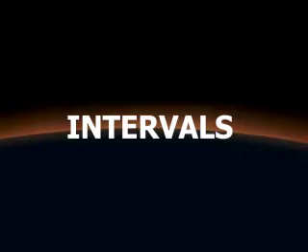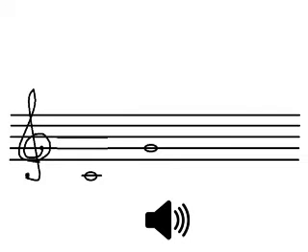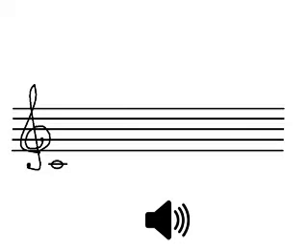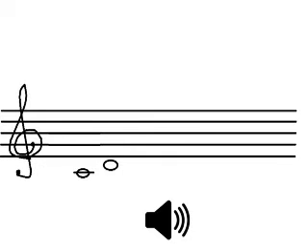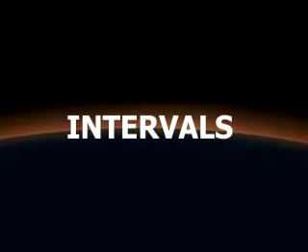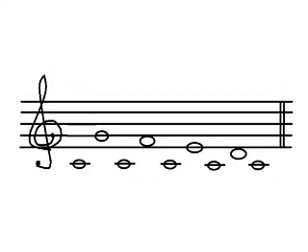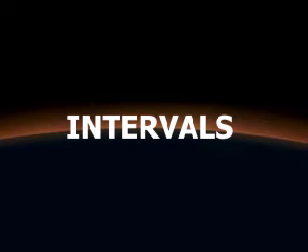I'll play the first one again. Second one. The first one is farther apart, the second one is closer. So I can make a sound come closer and make it go farther apart from a particular sound.